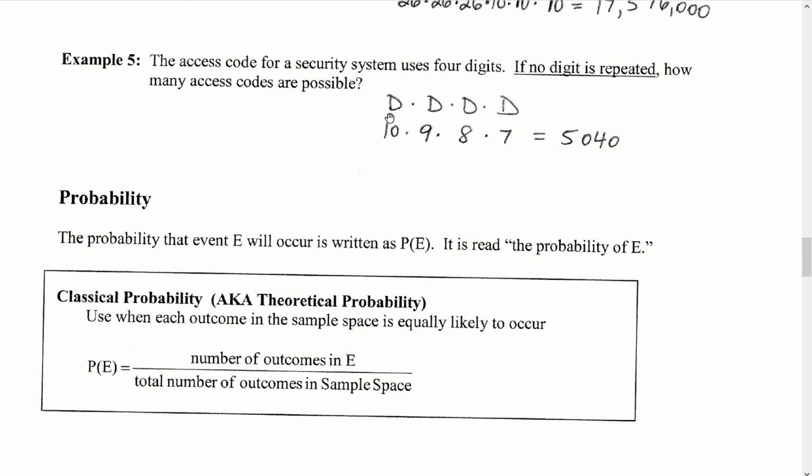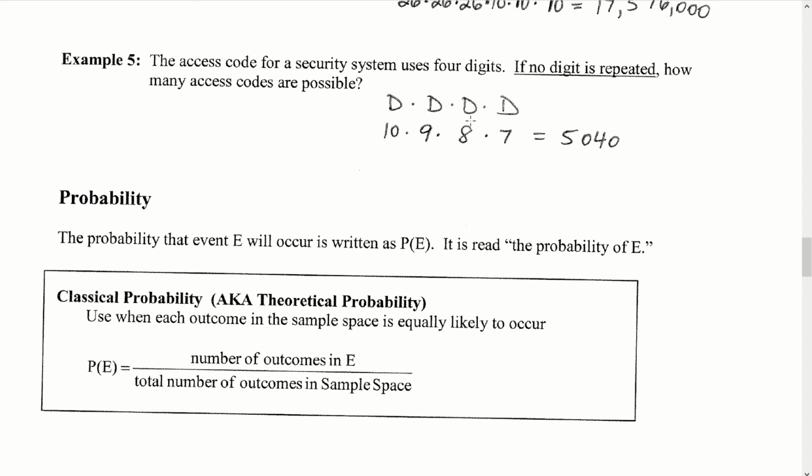When we start out, because we haven't used any numbers yet, we have all 10 digits available to us. So everything from 0 through 9 is still available. However, whatever number we use for the first digit is not going to be allowed to be repeated when we get to the second digit. Therefore, we now only have 9 possible ones to choose from for the second digit. When we move on to the third digit of our passcode, we're not allowed to use the first number we used, and we're not allowed to use the second number we used.